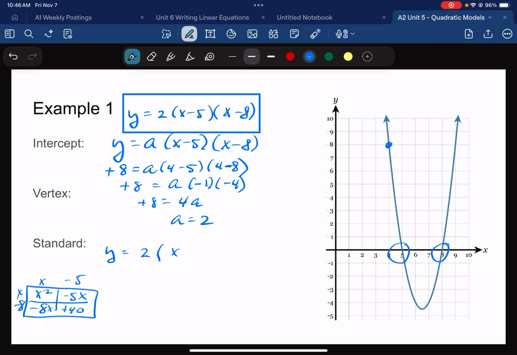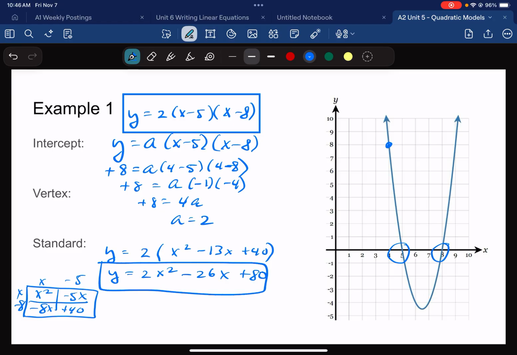So that's x squared minus 13x plus 40, and then just multiply them all by 2, and that gives me standard form. So 2x squared minus 26x plus 80. So there's my second form already. Okay. Whoops, I wanted a box. How's that? Whatever, we're just going to go with that.